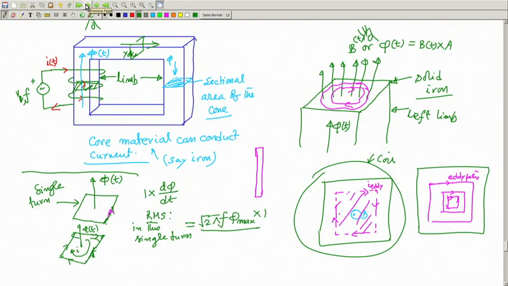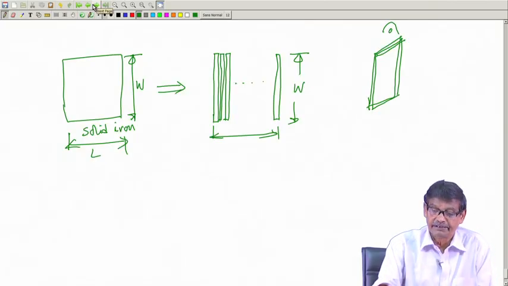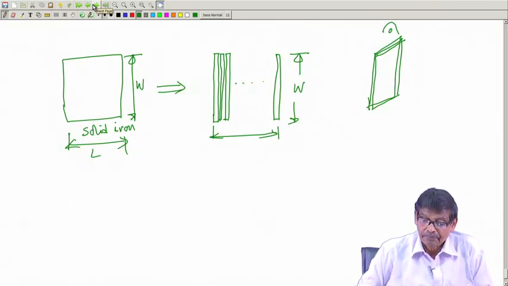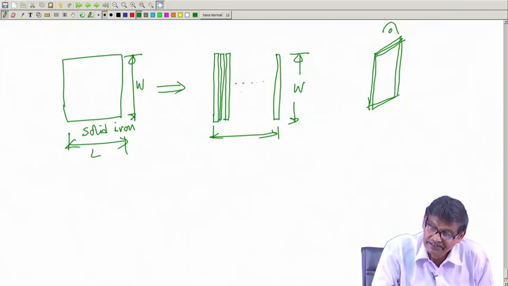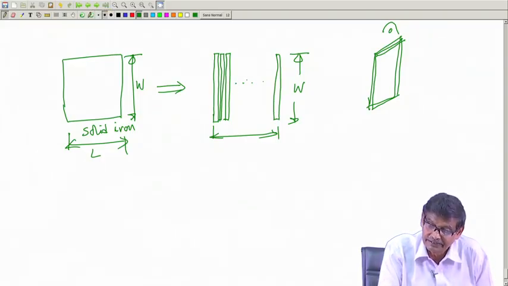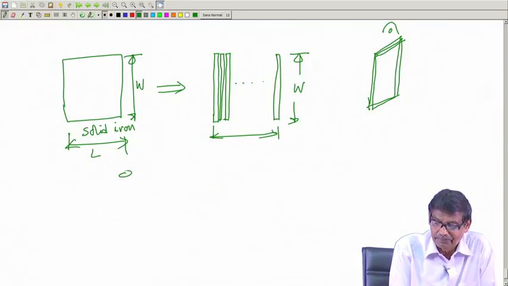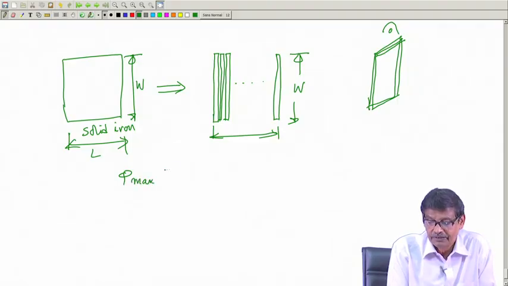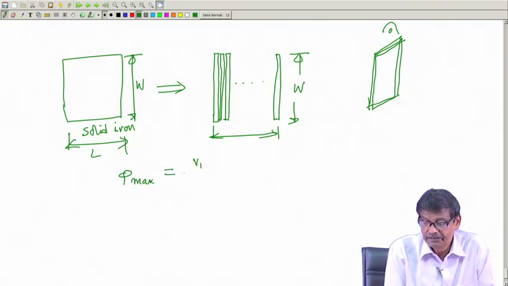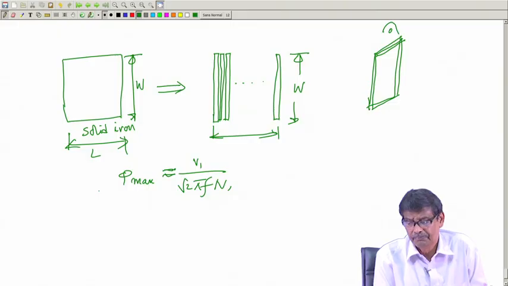Anyway, so this will be the RMS induced voltage. Next page. This was the thing. Therefore, the coil is here, still the total flux phi max is primarily decided, as you know, by V 1 by root 2 pi f n 1, at least this is phi max if you give.